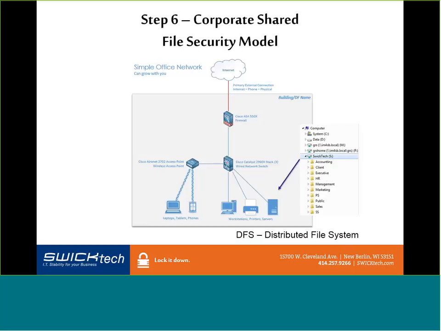Step 6 is a corporate shared file security model. As you can see here, this is my desktop, and all of my shared files go through one location, our S drive for shared files. And we use a departmental least permissions model.